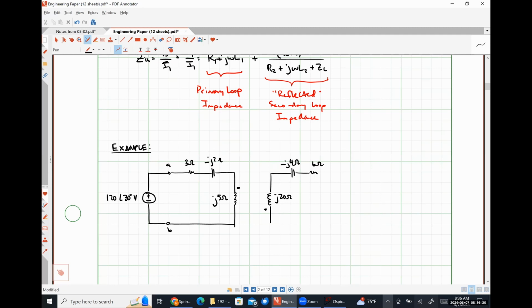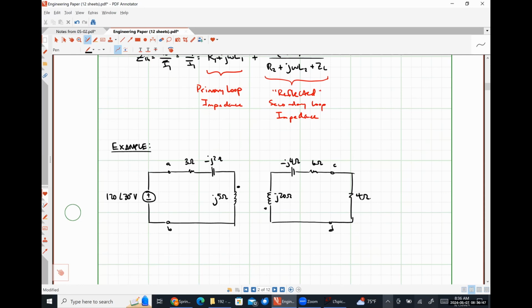And C, D like so. And let's make our load simply a 4 ohm resistor. I'm going to define two mesh currents.